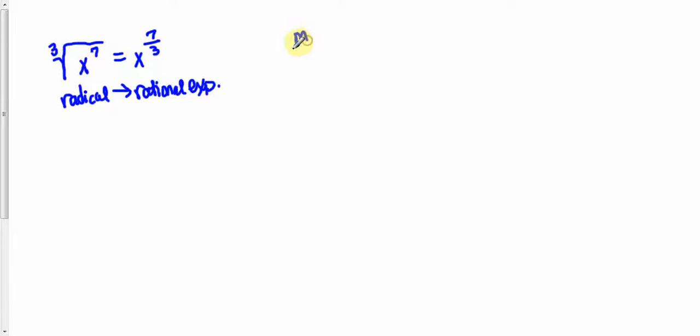If you have the nth root of a to the m power, that is a to the m divided by n. This is also true if you had the nth root of a, all to the mth power on the outside. Those all mean the same thing.